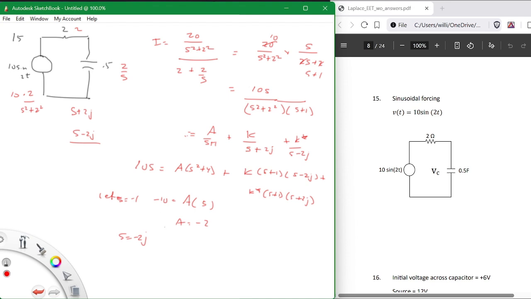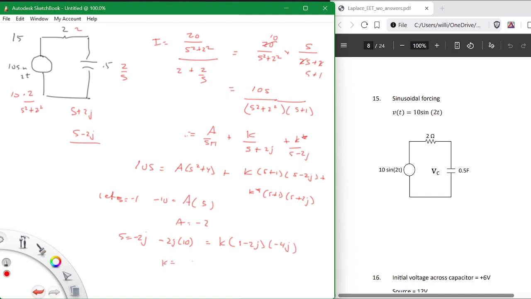So now all you have left is what? Minus 2j times 10, or that, which is minus 20j, is equal to, A term goes away, this term goes away, it's K times s plus 1, or 1 minus 2j, times minus 4j.